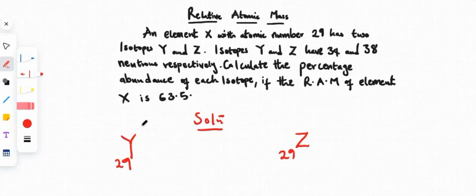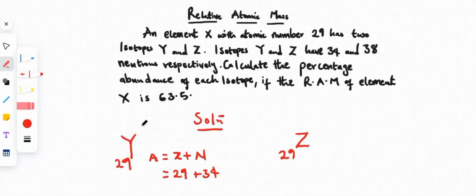But how do you get the mass number now? Remember that your mass number A is equal to your atomic number Z plus your number of neutrons. So what is my atomic number? 29. And what is my number of neutrons for Y? It is 34. So plus 34.